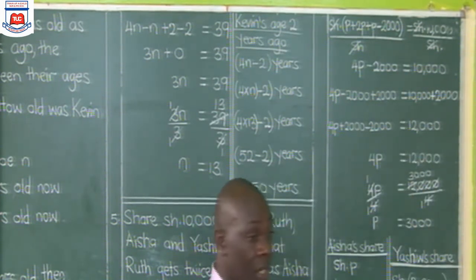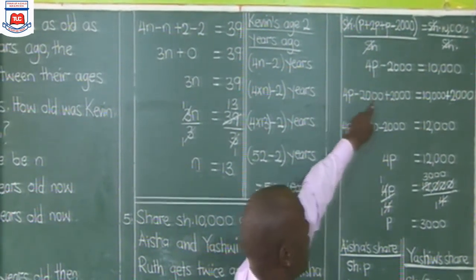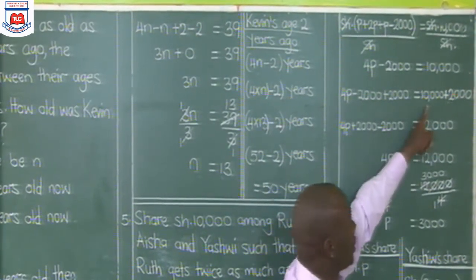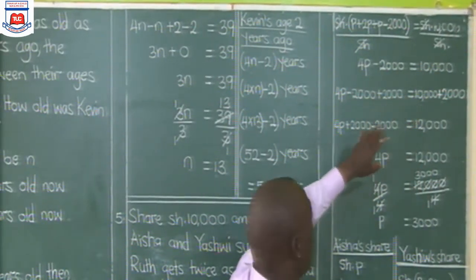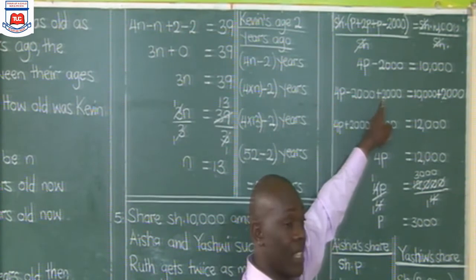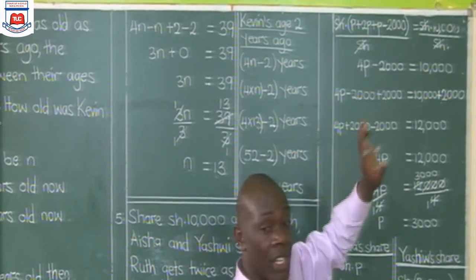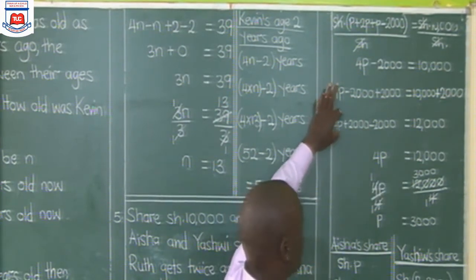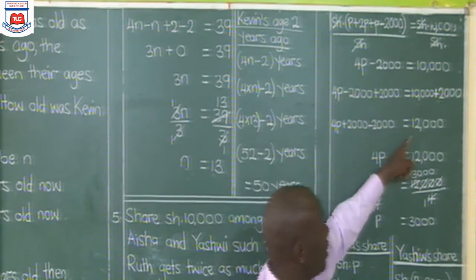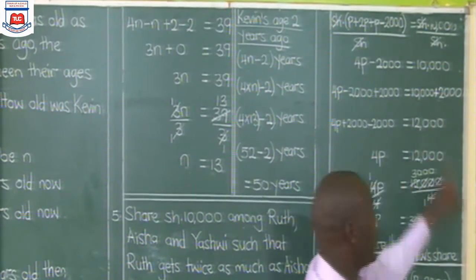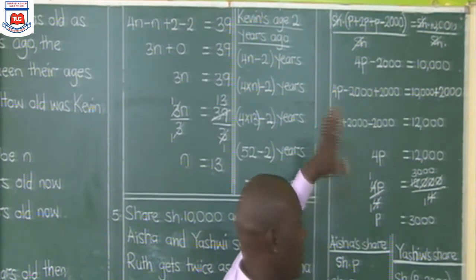Now start dealing with that equation in terms of solving it. You say 4P minus 2,000 plus 2,000 is equal to 10,000 plus 2,000. Remember, it is shilling free. Wherever a minus leads a plus, you interchange. So 4P plus 2,000 minus 2,000 is equal to the sum, which is 12,000. 2,000 minus 2,000 is a 0, it's gone.